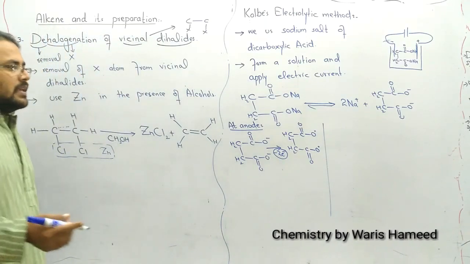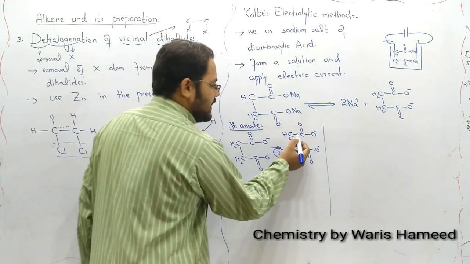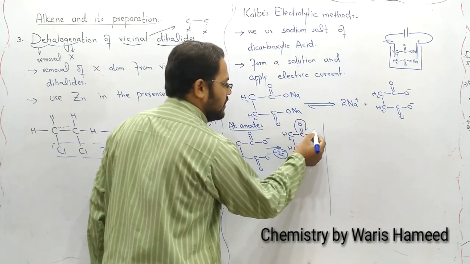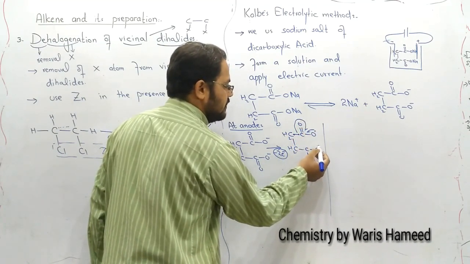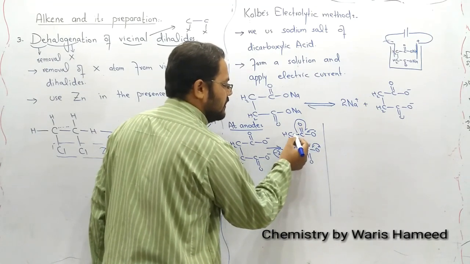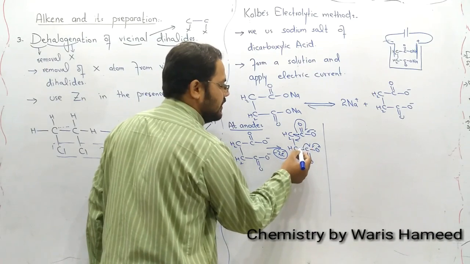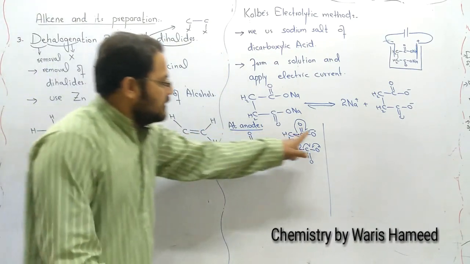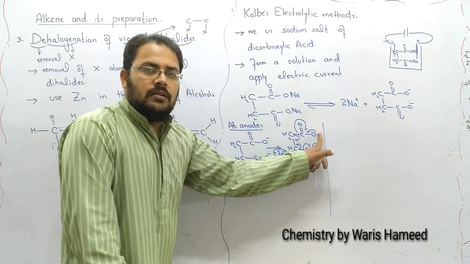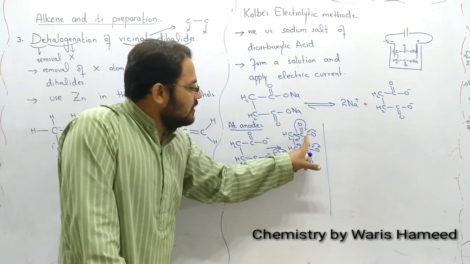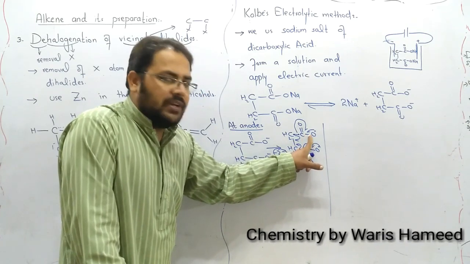In the next step there is a removal of carbon dioxide. One electron from here and one electron from here move, and this radical has one electron, so this electron will move toward carbon and oxygen.